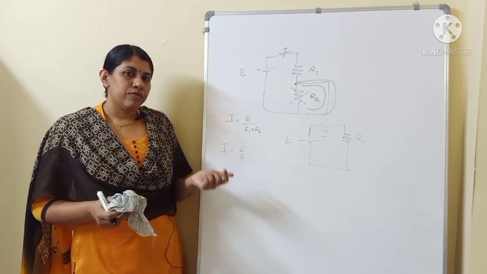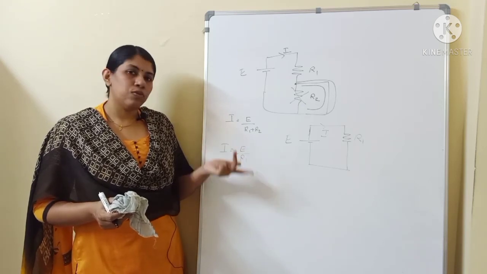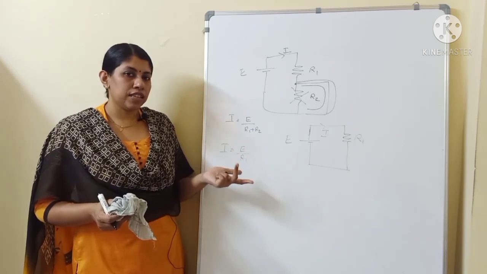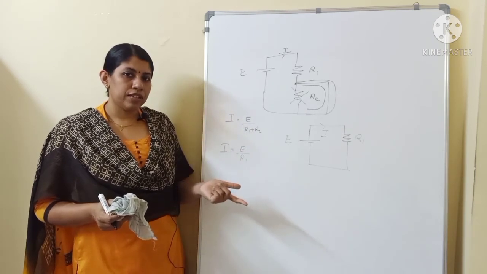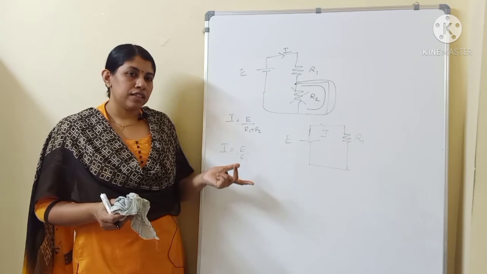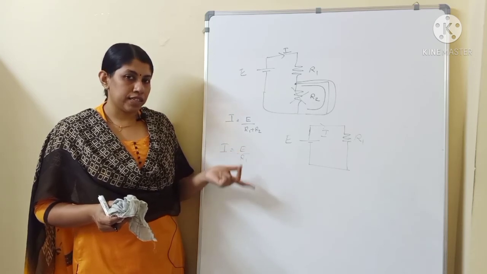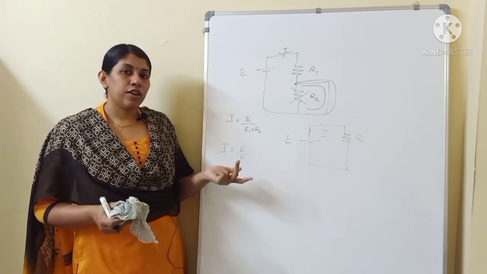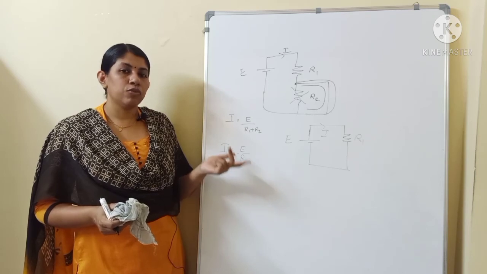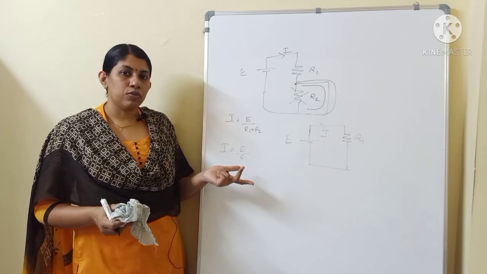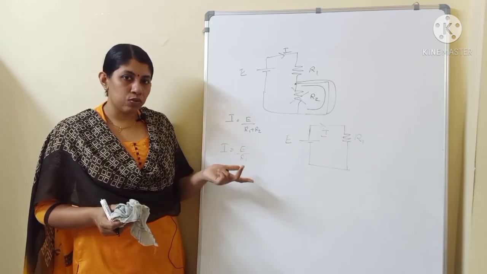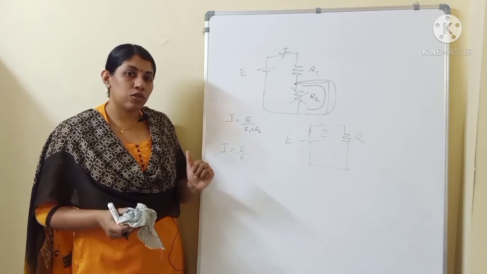In this class, we have discussed how resistances connected in series can be identified. Then we discussed Kirchhoff's voltage law and how to analyze a circuit in which resistances are connected in series. Then we discussed how to design a voltage divider network, and how to use the voltage divider rule to calculate the individual voltage drops.